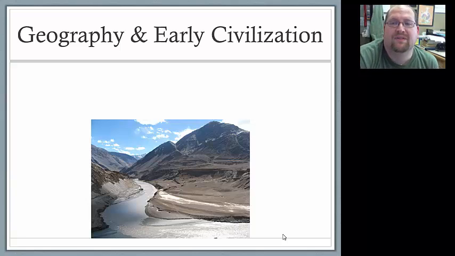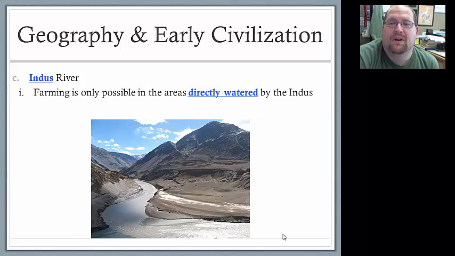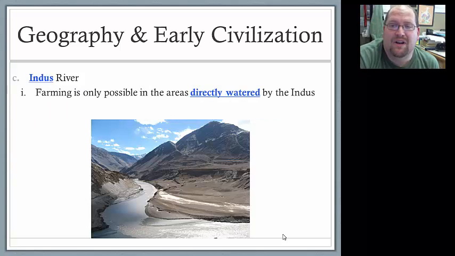Just like every other civilization we've come across so far, many ancient civilizations in India were founded next to a river. In this case, the Indus River. As we've seen, ancient civilizations have relied upon rivers in order to survive.